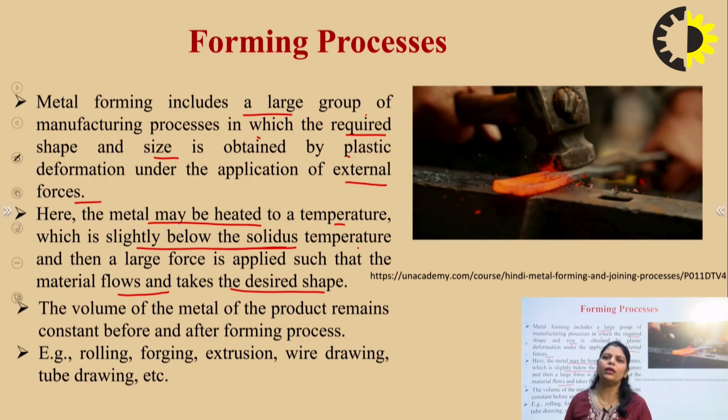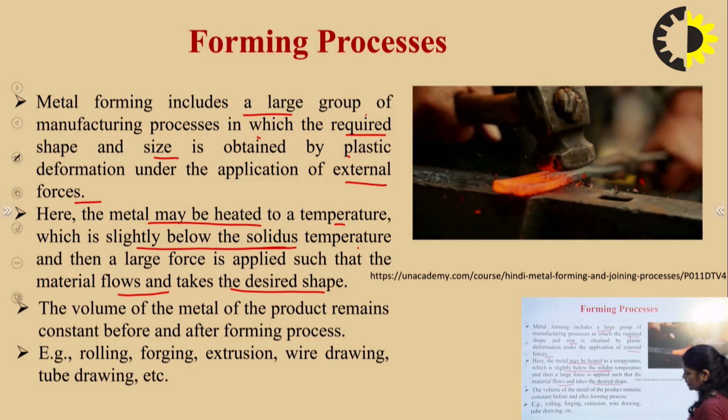Now, how will it take the desired shape? We can use different dies. We keep the material in this particular die, then we apply the force with the help of the die and it will take the shape of the die. In this way we can use different tools and equipment to give the particular shape we want to produce.